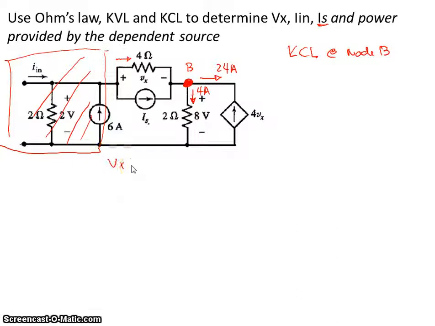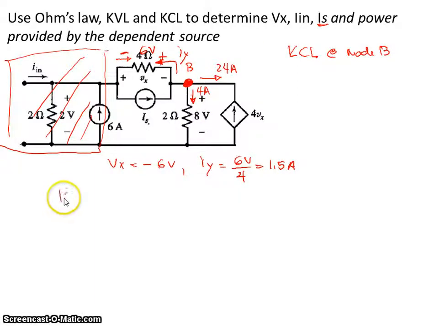But if we remember, V sub x is actually 6 volts, so the actual polarity here is this way. That means the current must be going in this direction, and this current is equal to 6 volts divided by 4. I'm going to call that current I sub y. So I sub y is 6 volts divided by 4, which is 1.5 amps going in that direction.